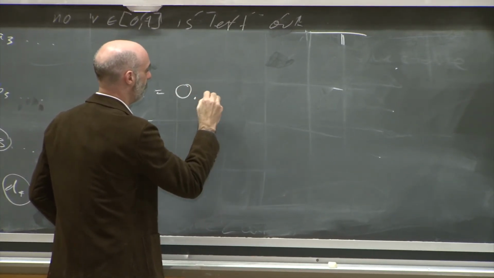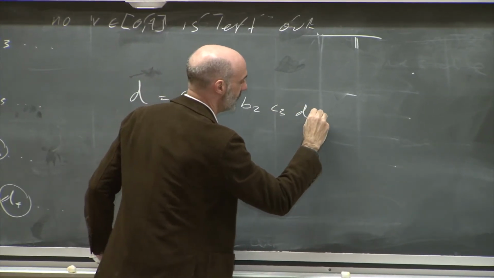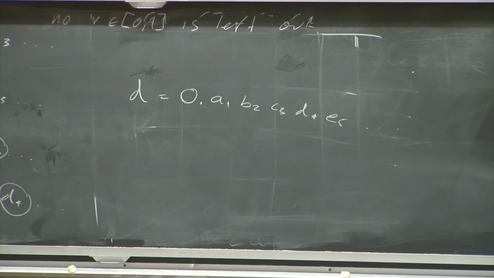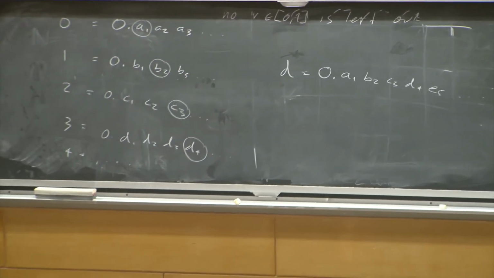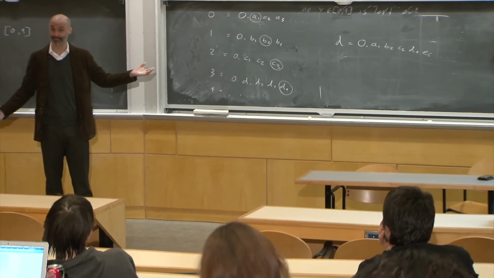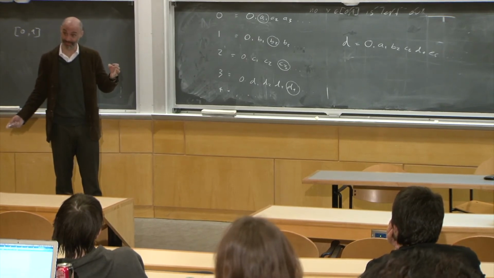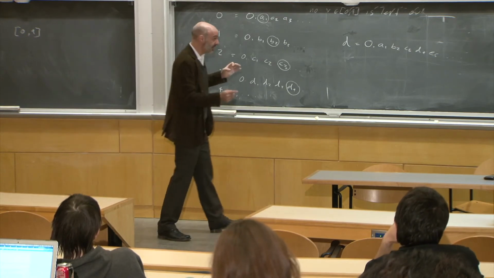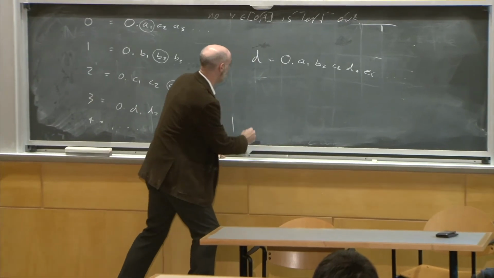That's 0.A1, B2, C3, D4, E5, and so forth. That's just a real number in the interval. And it has an evil twin. So to construct the evil twin, use the following recipe.